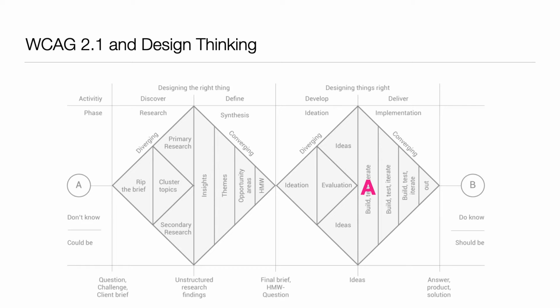Not your lo-fi wireframe, not your paper prototype, but when you're actually onto Sketch and XD, get your thoughts about accessibility and A rating on at that point. And then quickly move on in your next iterations into the AA scheme. So you'll spend a lot of time at that second level of WCAG 2.1. And then finally, when you're at launch, you go the full way.